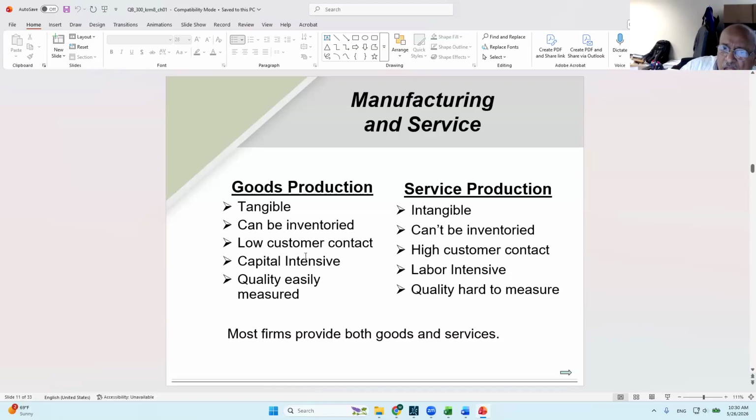Consulting you need to do. Now, goods production is very tangible. When you are molding a steel sheet into the body and chassis of a car, it is very tangible. But in service, the value that an electrical engineer is adding is sometimes intangible. In banking, what is the output?